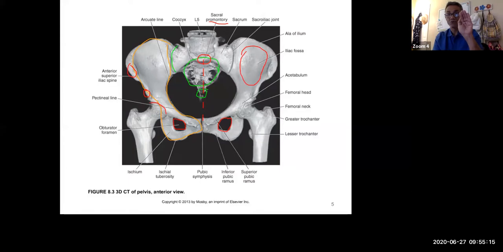The iliac bone is not straight like this. It has a small depression, and we refer to it as the iliac fossa. So those are the iliac fossa, exactly. The sharp superior margin of the ilium we call the iliac crest.